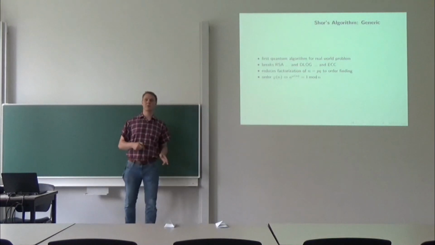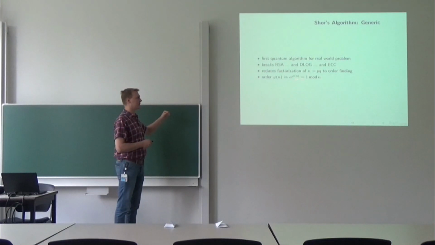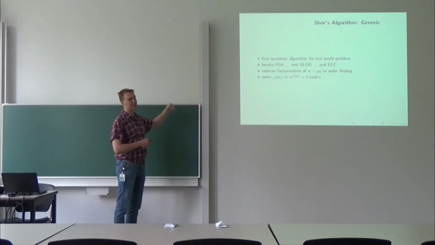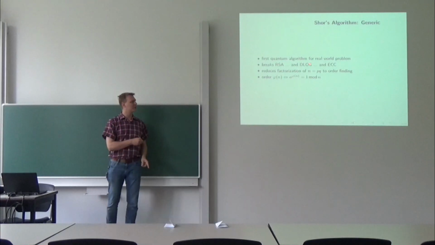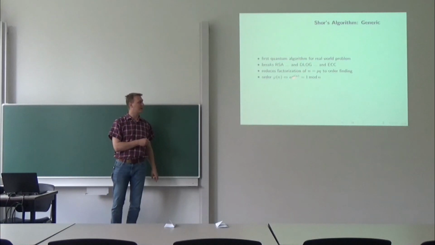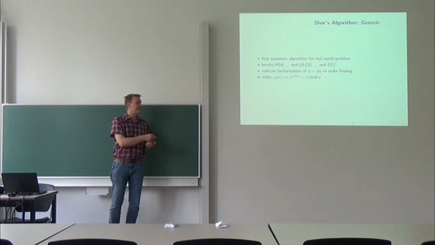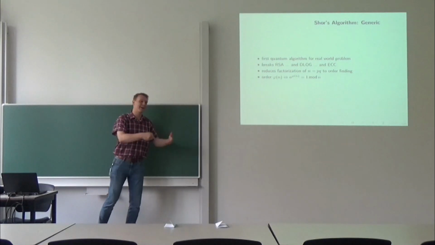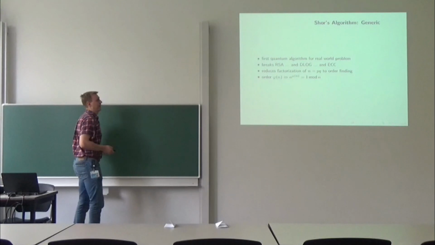And the order, perhaps I should also mention, is the exponent such that when you raise a random number to that exponent, modulo n, then you get 1. I say random because I'm not sure this holds for numbers that are not co-prime with n. But if you start with a number that is not co-prime with n, then you already can compute a factor to begin with. All right.